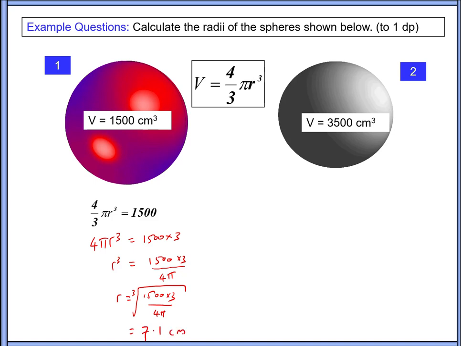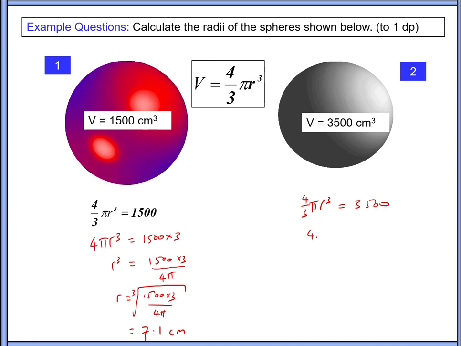centimeters. Similarly, on question 2, again using the formula, 4 over 3 pi r cubed equals 3500. And this time we switch the formula around. It's much easier working. We keep the r cubed on the left hand side.